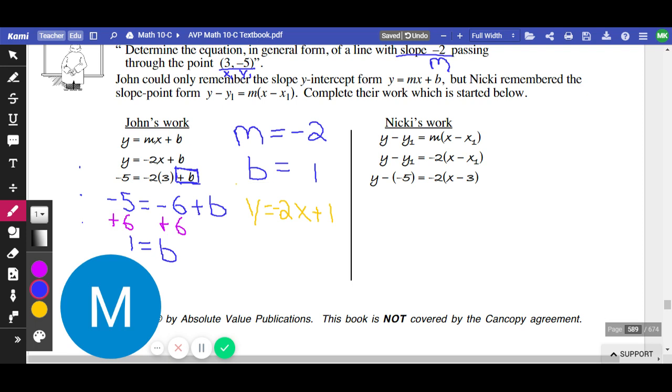First thing I would do if I was her, I wouldn't write -5, I would change it to be y plus 5. The second thing I would do is multiply that -2, giving -2x plus 6.